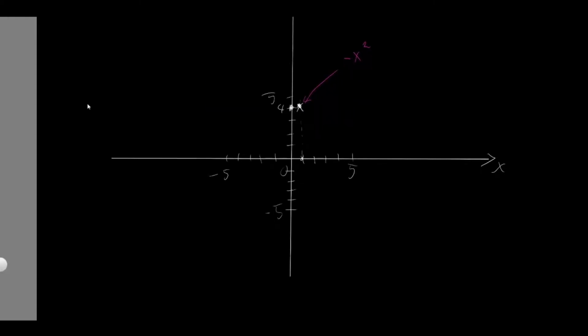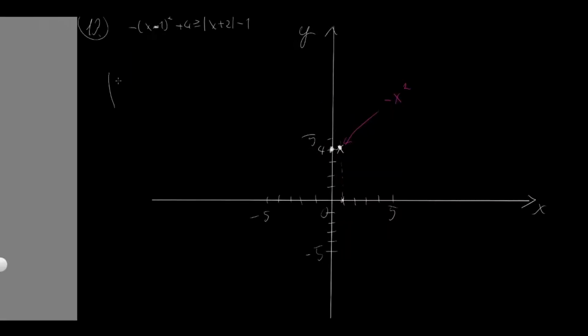Okay, so if we do not know the values, let's just draw a table again. Maybe not here, but let's do it here. Okay, so x, y values, and let's say we have 1. Then y is going to be equal to what?